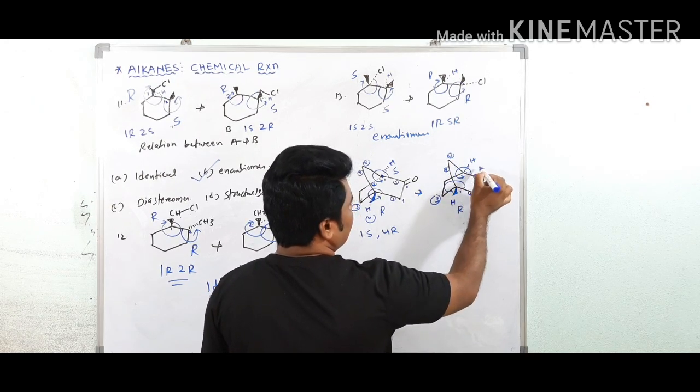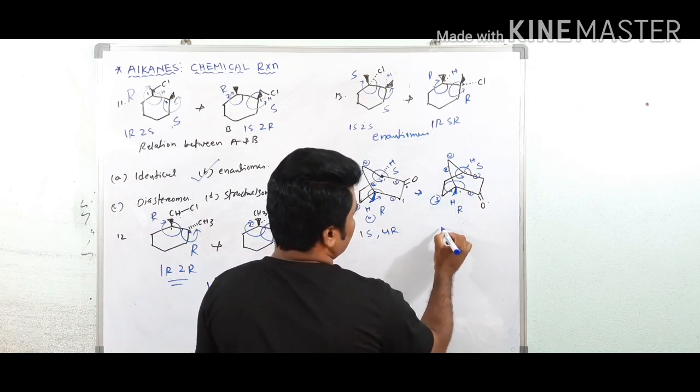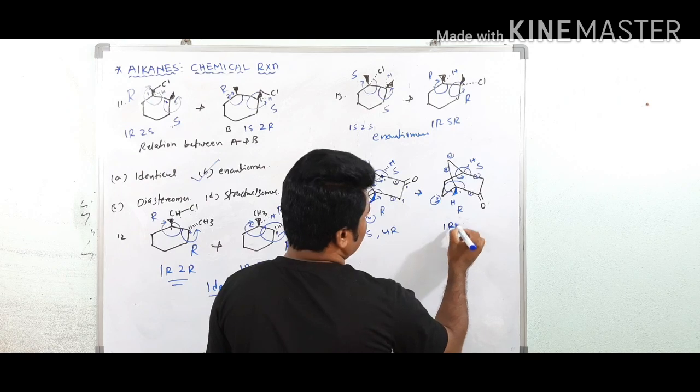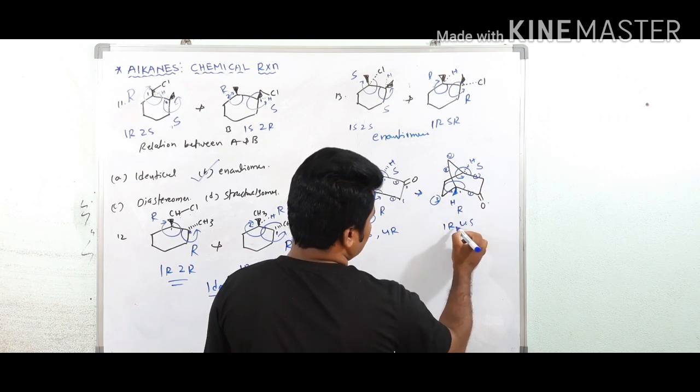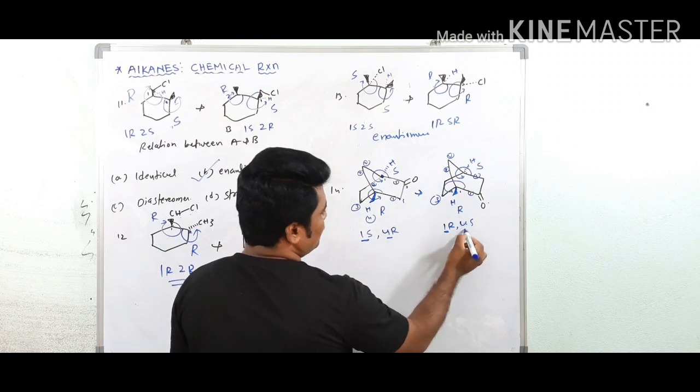This is S, because the lowest priority is below the plane. So here also you are getting 1R and 4S.